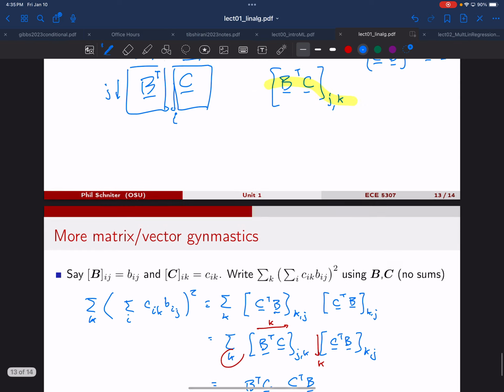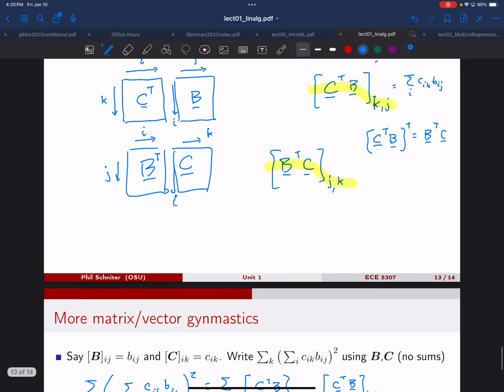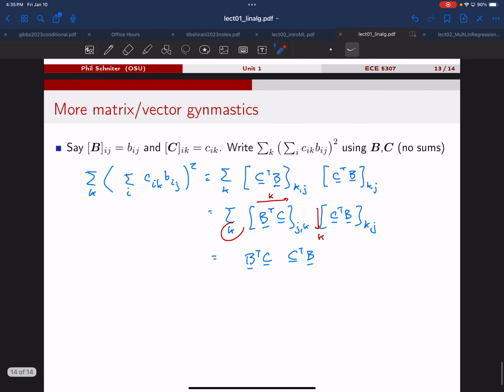And now, this is exactly using the same ideas here. I don't want the entire matrix. I want the jth row and the jth column. So I take this matrix and I extract the jth row and the jth column.